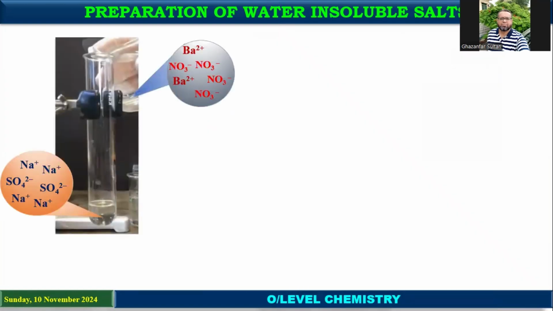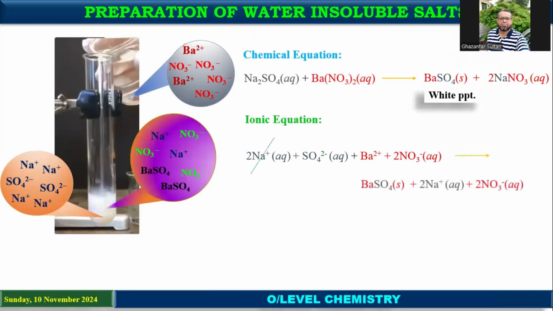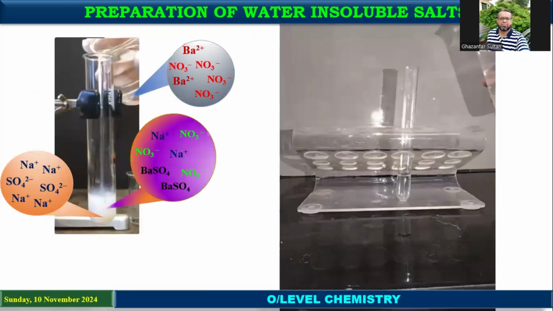Yes, here. So you have already seen these equations and how to write the ionic equation for such reactions. You may see this. And here you have seen the video. See it again.